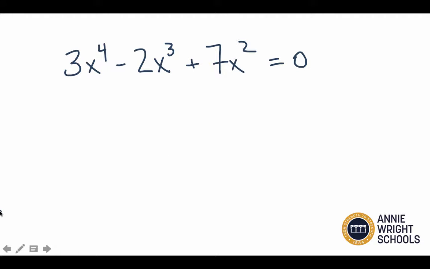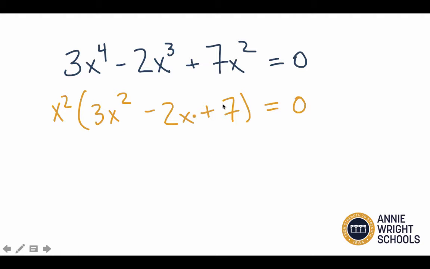And you might be thinking, that's not a quadratic because this is a fourth degree polynomial. And I would say, well, if you factor out the x squared, you now have a quadratic inside the parentheses after taking out the greatest common factor. So always look for the greatest common factor before you say you can't figure something out.